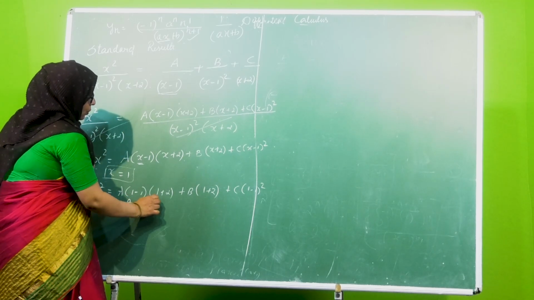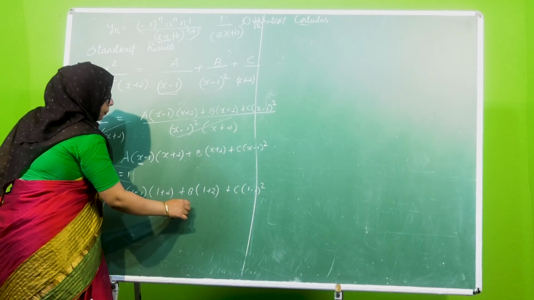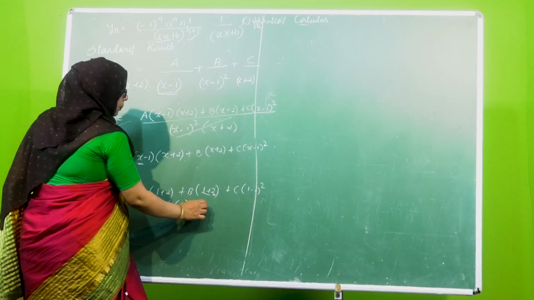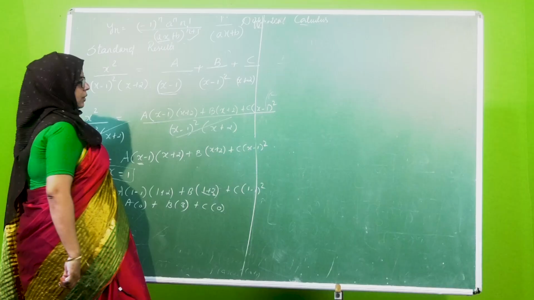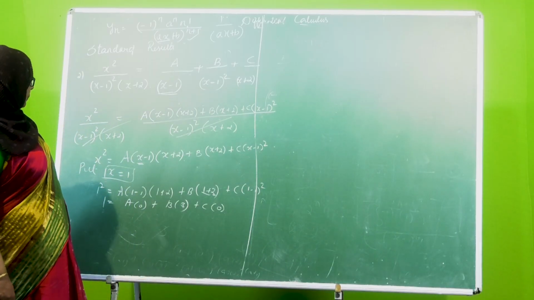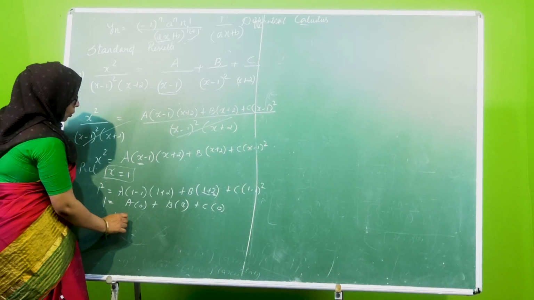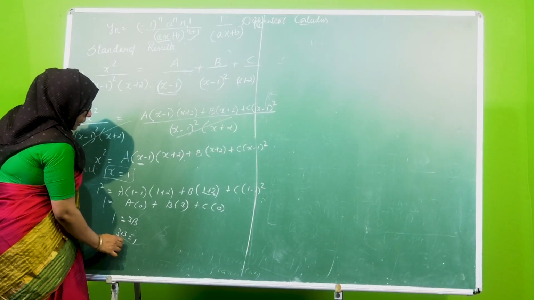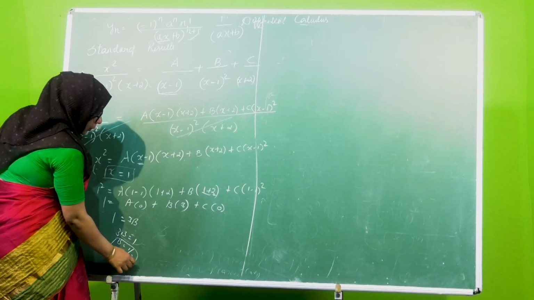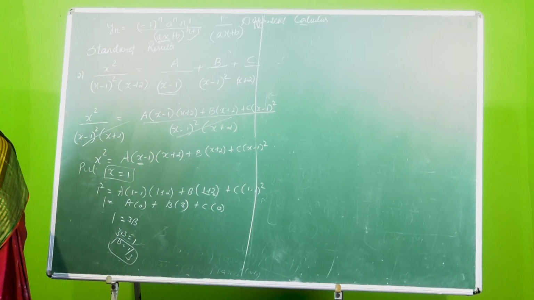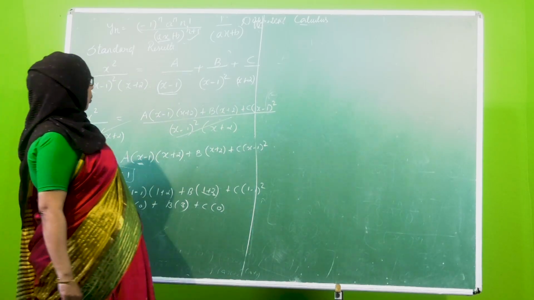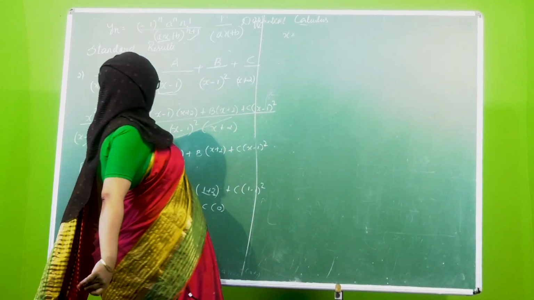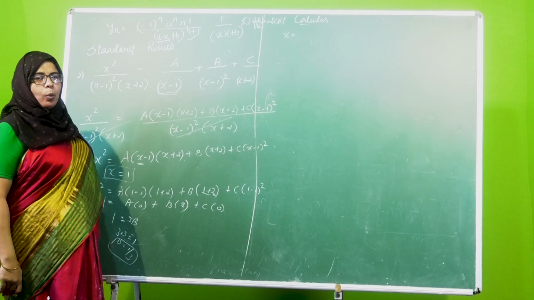So a into 0, b into 1 plus 2 is 3, plus c into 0. Okay, so 1 equal to 3b. 3b equal to 1, b equal to 1 by 3. Okay, now we are going to substitute x is equal to what value?